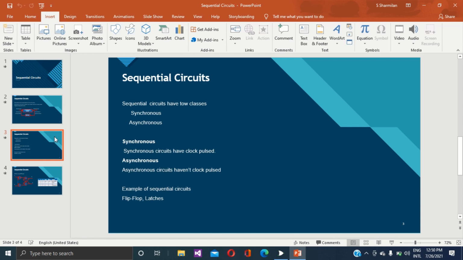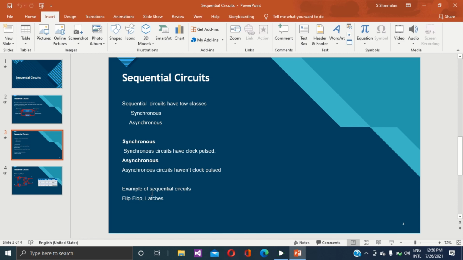Basically, sequential circuits have two classes: one synchronous, the other asynchronous. The main difference between the two classes is the clock pulse. A synchronous circuit has a clock pulse. An asynchronous circuit does not have a clock pulse.